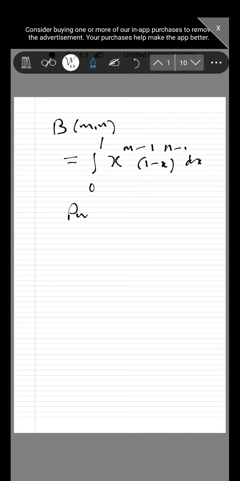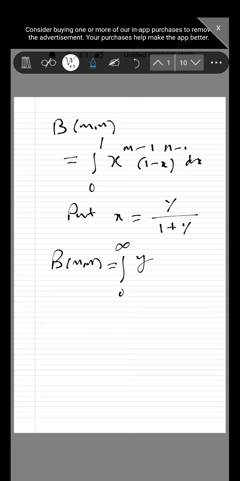If we put x equal to y/(1+y), then B(m,n) is equal to the integral from 0 to infinity of y^(n-1) dy divided by (1+y)^(m+n), which is equal to Γ(m)Γ(n) divided by Γ(m+n).